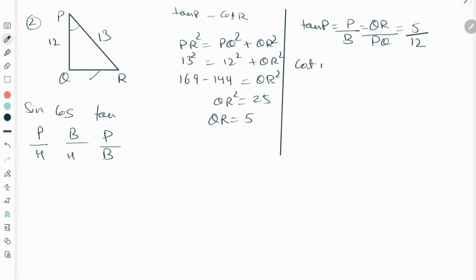Similarly, for cot R, now we will use angle R. So for angle R, the perpendicular will be PQ and the base will be QR.